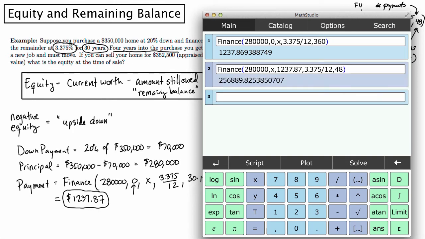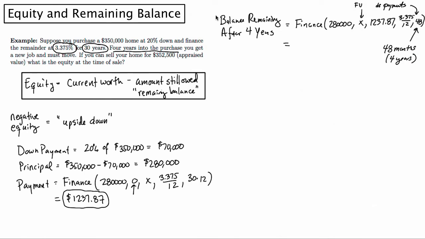So this suggests that the balance remaining would be $256,889.83. So the balance remaining after 4 years would be $256,889.83.